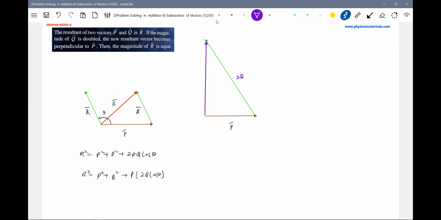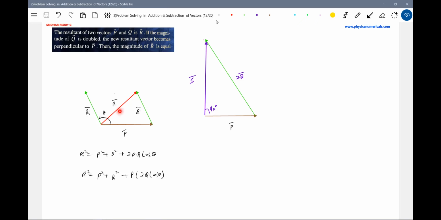The new resultant becomes perpendicular to P. I'll call this S bar. I'm not bothered about the angle or how much magnitude, none of our business. So this is 2Q bar. As your length increases here, the R bar will rotate and will finally become perpendicular.